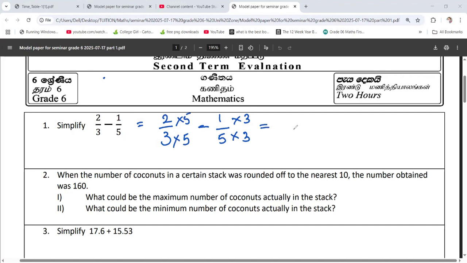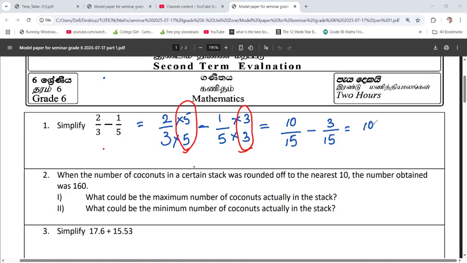So then I get 10 over 15 minus 3 over 15. Then I have a common denominator, which is 15. Actually, I multiplied by these parts because I wanted to make the common denominator 15.